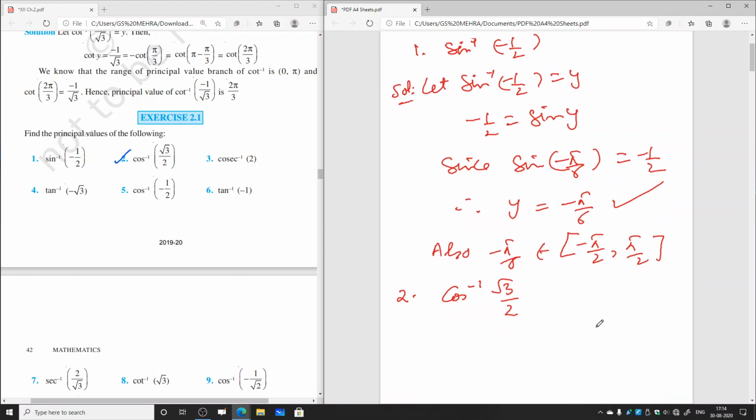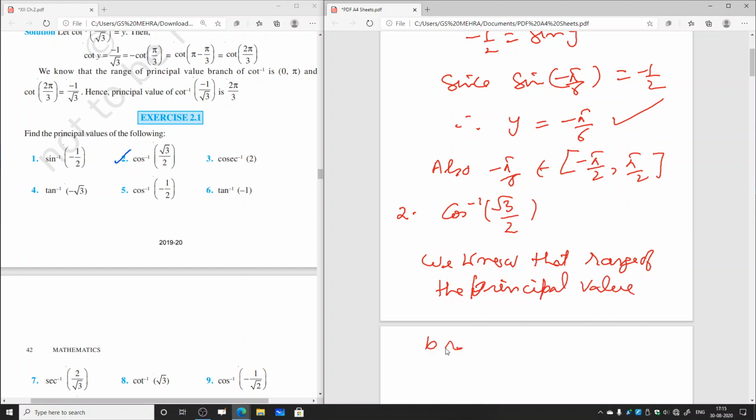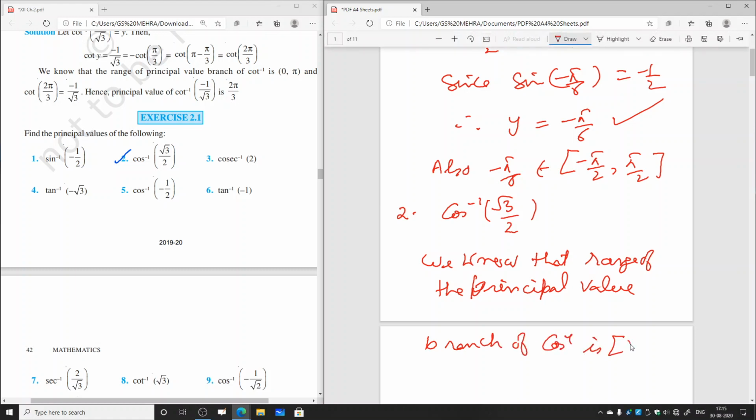Now we know that the range of the principal value branch of cos inverse is the closed interval 0 to pi. So considering this fact, we'll solve this one.